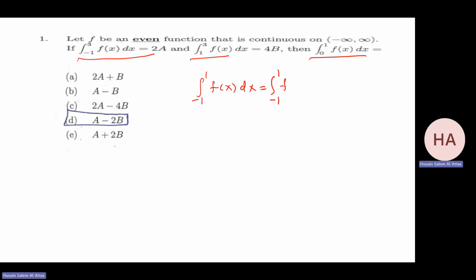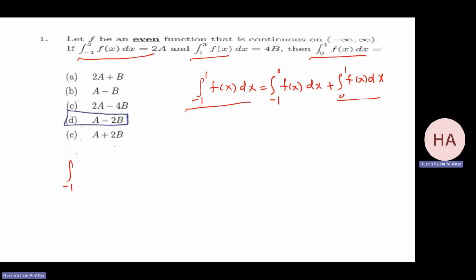Minus 1 to 1, plus 0 to 1, minus 1 to 0, plus 0 to 1 of f of x. Okay. I don't know this. This is what I'm looking for. But I can get this one.